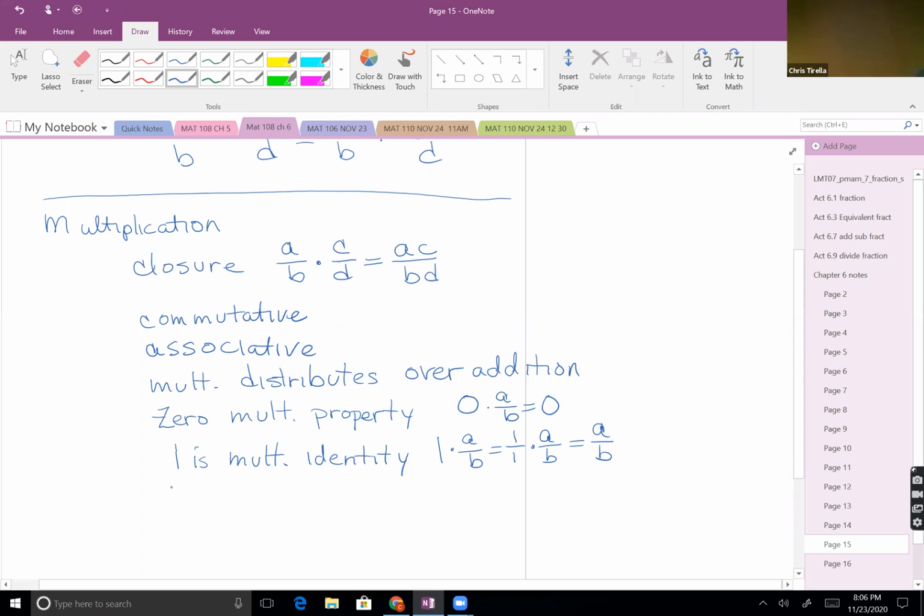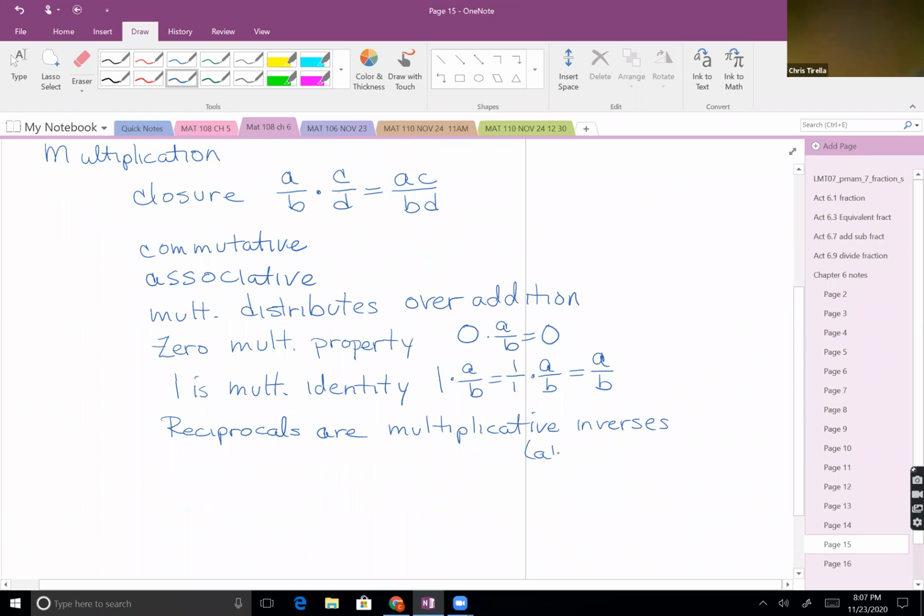And then we get the idea that our reciprocals are our multiplicative inverses, which exists for all numbers except 0.